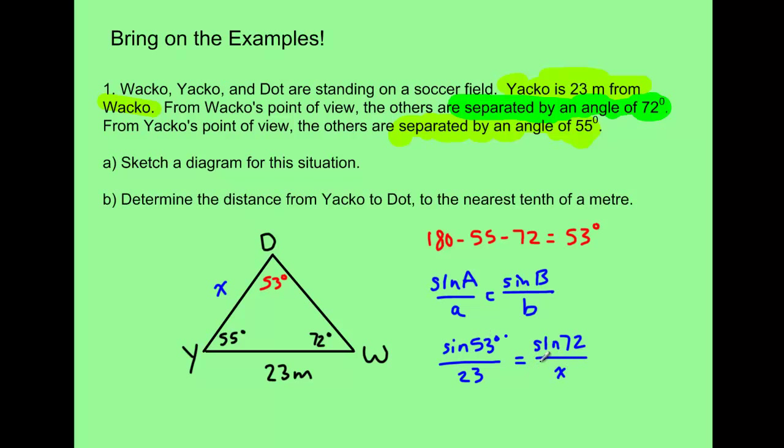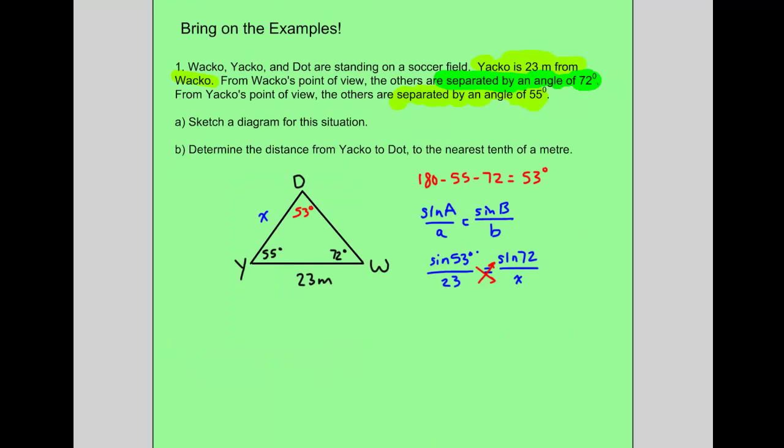I have a fraction equaling a fraction, so in order to get rid of those, we cross multiply. Sine 53 times x, there's a little bit of notation we're going to look out for here. When I write sine 53 times x, I write the x in front of the sine 53. This works the same if I'm multiplying a trig function by a number or a variable.